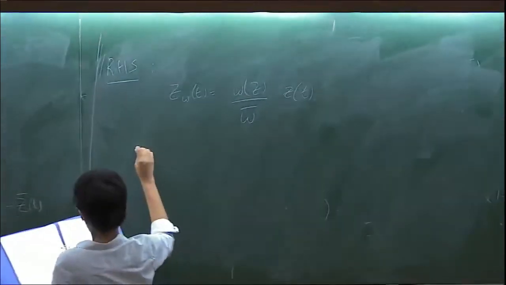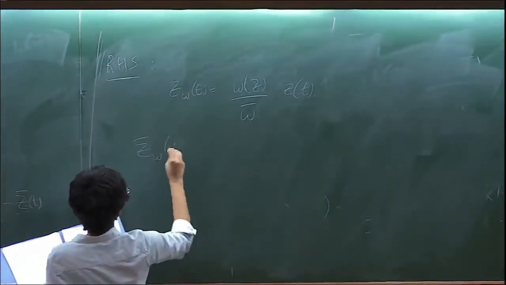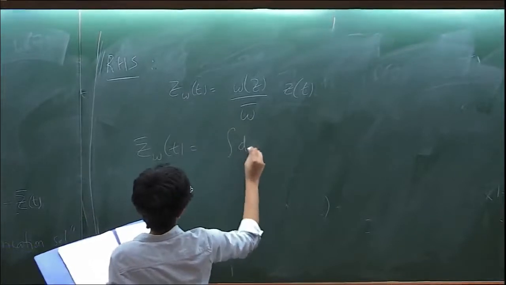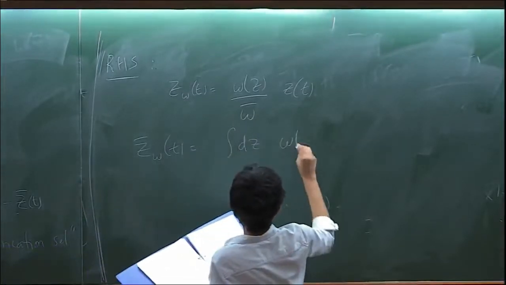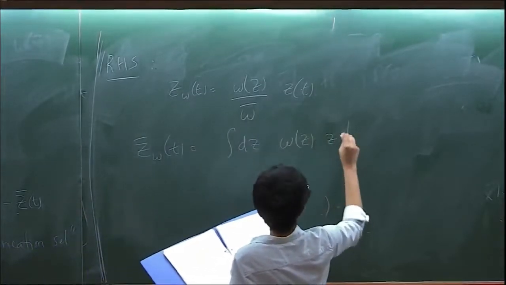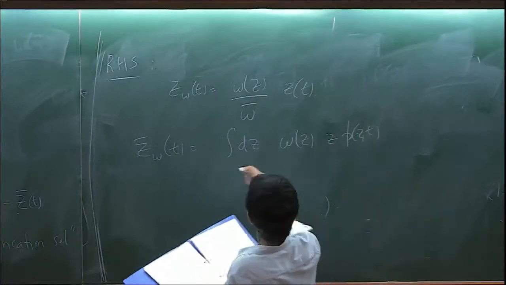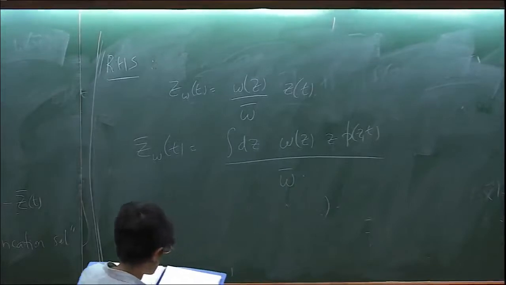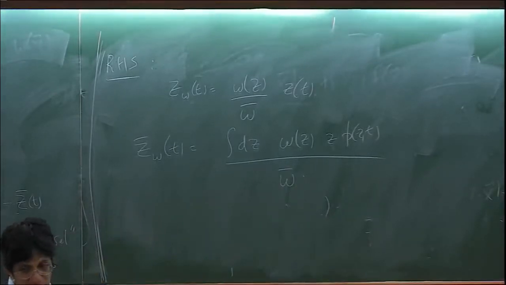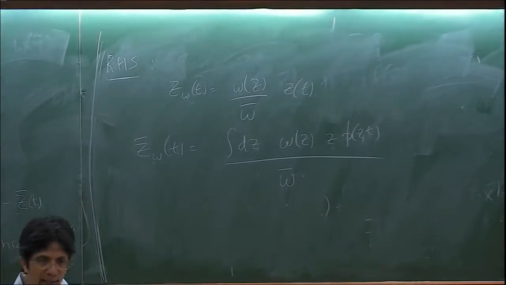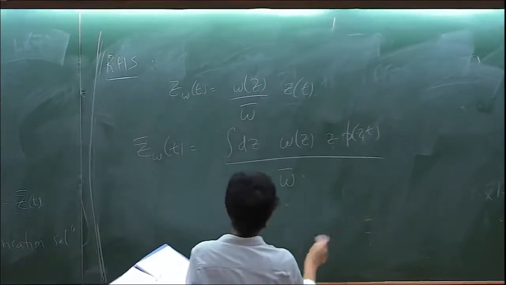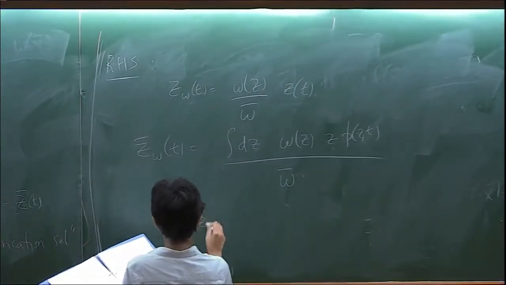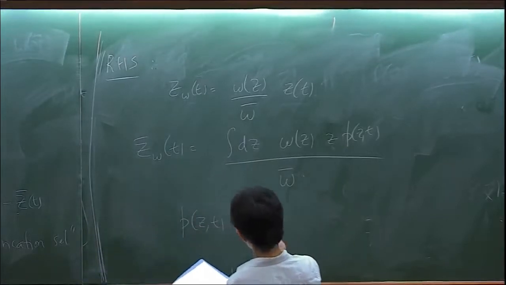Therefore, I assume that P of z, t, the phenotypic distribution, is normal, which is usually okay to assume. So this is a normal distribution.